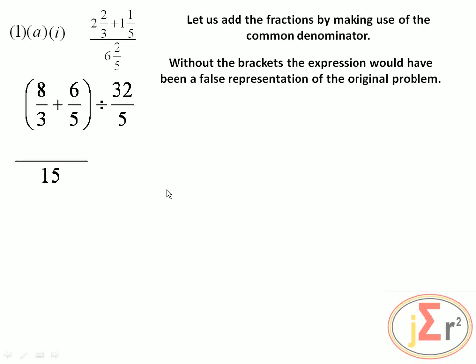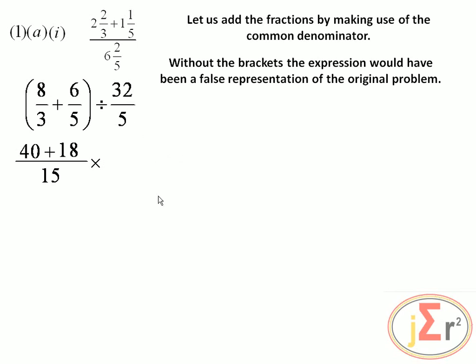So the common denominator is 15, and of course 3 into 15 is 5, and 5 times 8 is 40. Then 5 into 15 is 3, and 3 times 6 is 18. Of course, we are going to change this division sign to multiplication and invert this fraction.